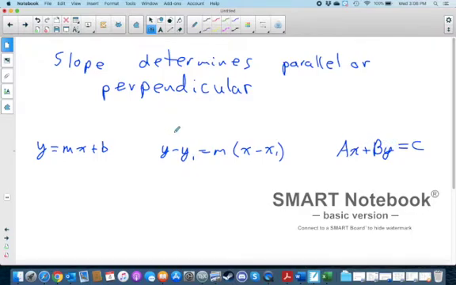Most of the time, this is the easiest form to write the line in. Not always, but a large portion of the time. This is the one that most of you are most comfortable with, which is fine because getting from here to here is not that bad at all.